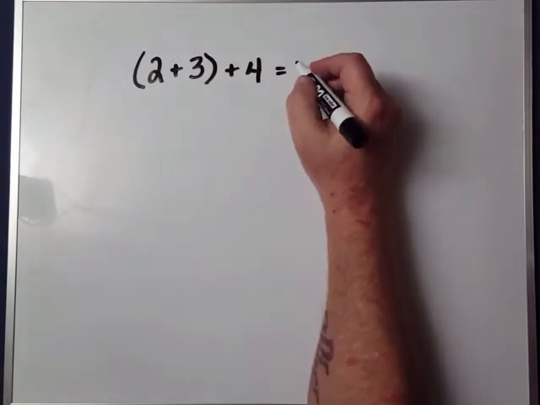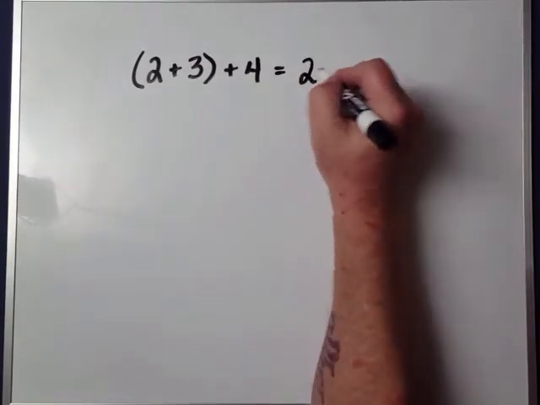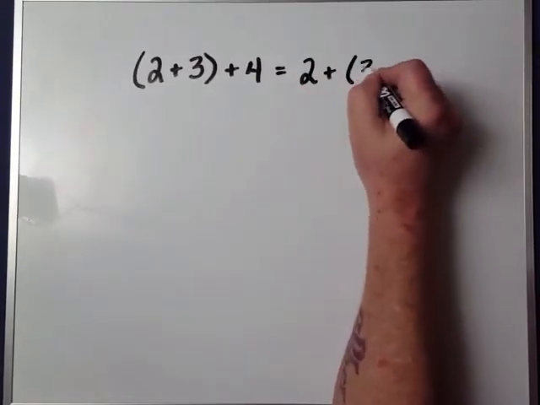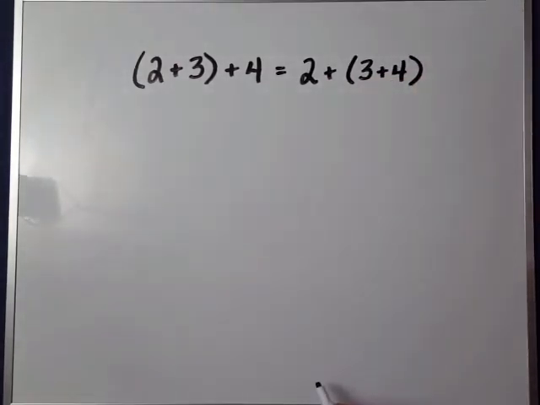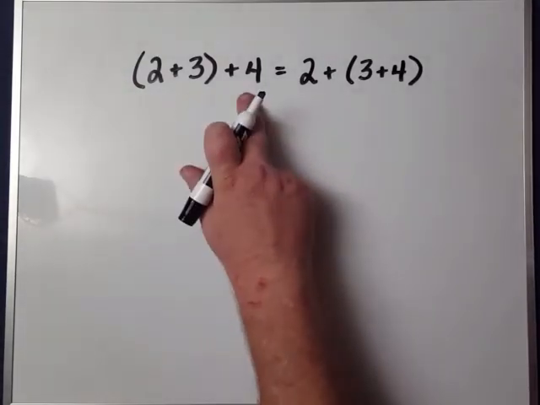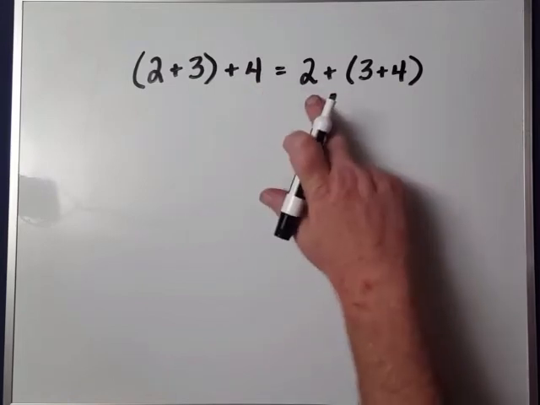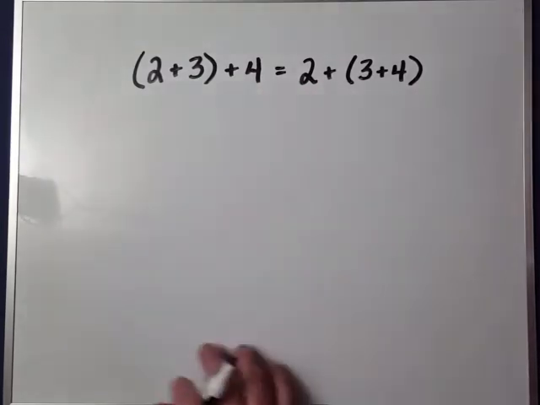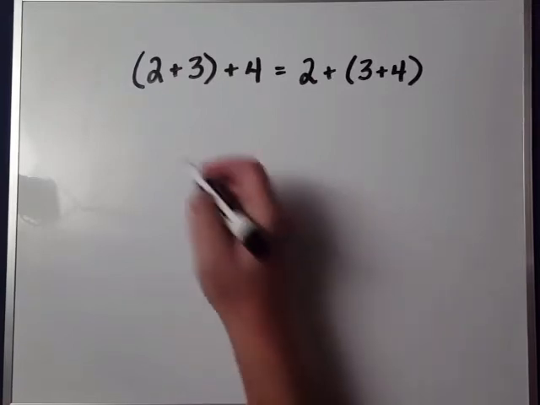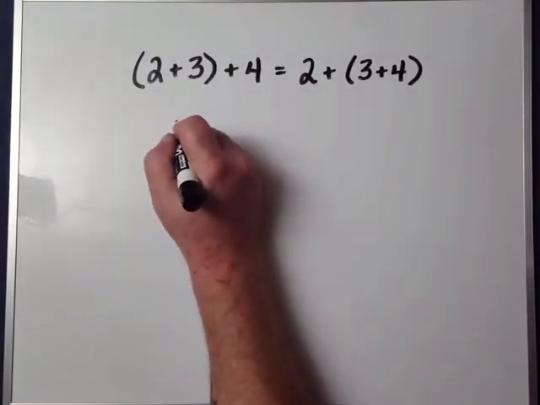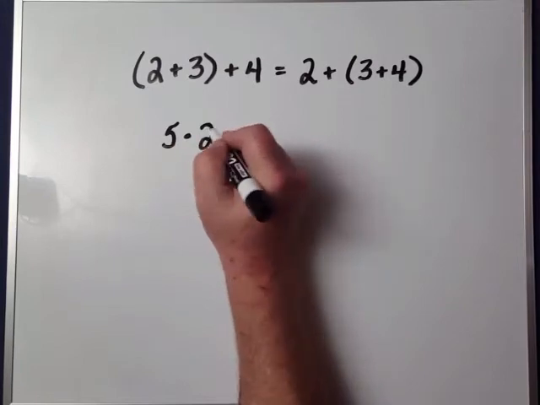You'll get the same answer no matter what pair of numbers you add together first. You've got 2 apples and 3 apples and 4 apples. How many apples do you have? Well, you could say I've got 5 plus 4 is 9, or here 2 plus 7 is 9. It does not matter how you group an addition problem, nor does it matter how you group a multiplication problem.